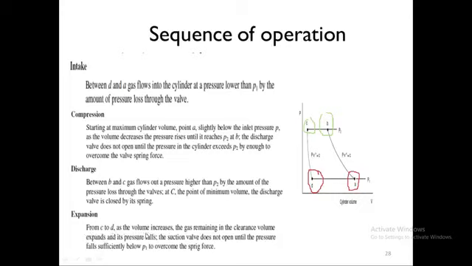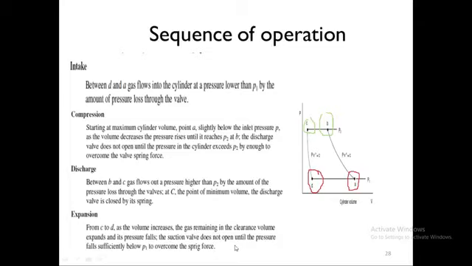So from C to D, as the volume of the cylinder increases, the gas remaining in the clearance volume expands and its pressure falls. So as the piston is moving backward inside the cylinder, the pressure is dropping. First the gas trapped in the clearance volume will expand, and after that, because the pressure has dropped enough, the intake valve will open and fresh gas will come in.